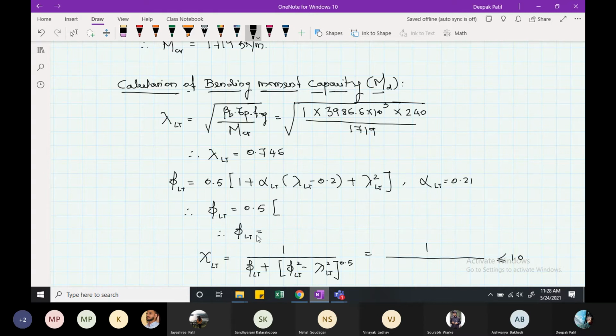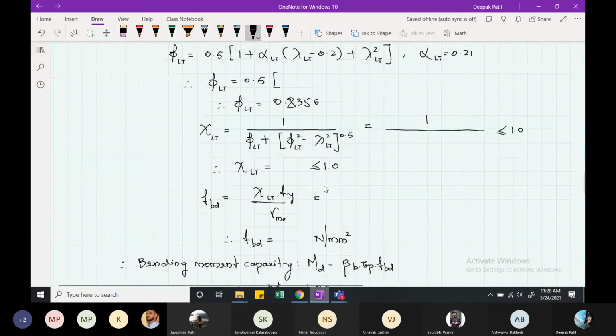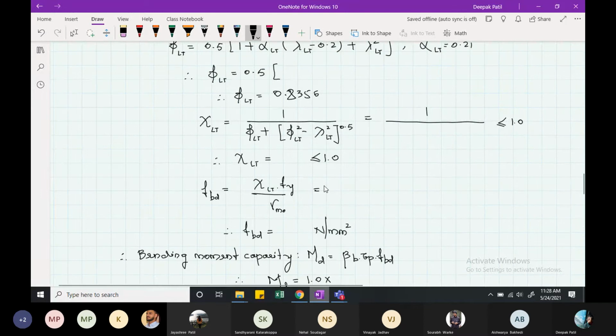And if you substitute, you'll get the value of phi LT as 0.8356. And when you substitute the values of phi LT and lambda LT, you will get the value of chi LT as 0.825, which is obviously less than or equal to 1.